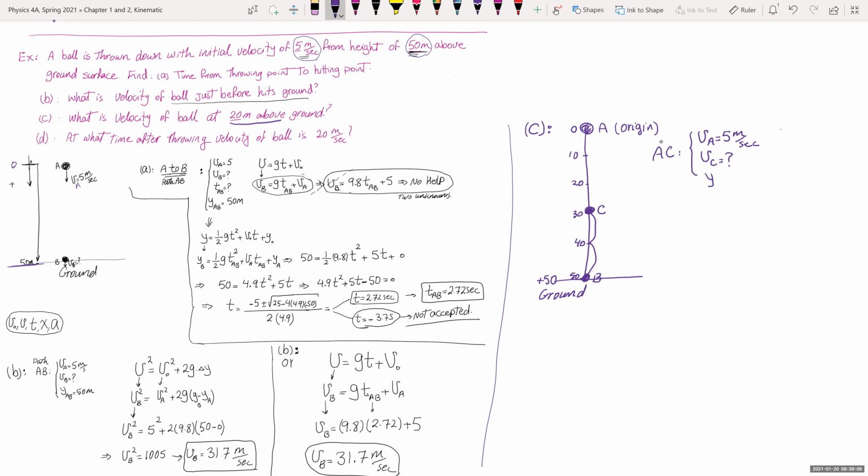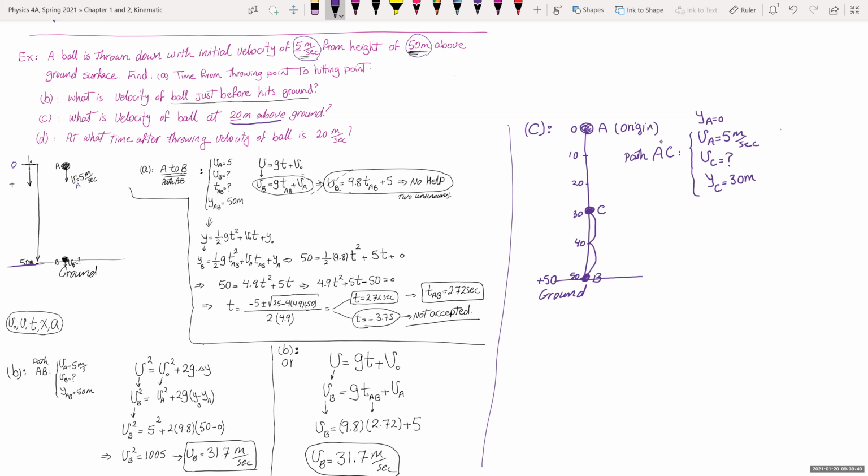I do it for path AC. The initial position is 0 and the final position is 30, not 20. Be careful. It says 20 meters above the ground, but in reality it's at 30 meters. Its final position is 30 meters compared to the origin. And yeah, that's all.